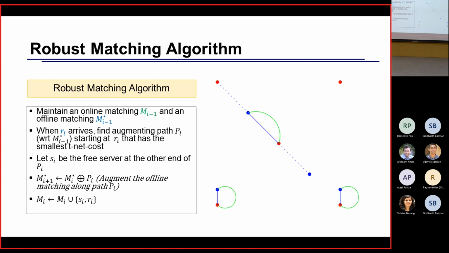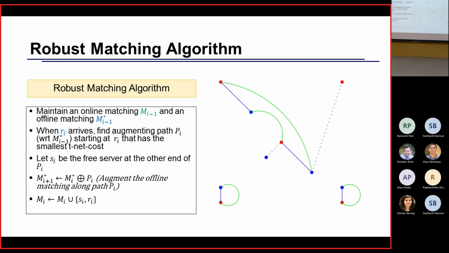Then we take the two endpoints of this augmenting path and, in the online matching, directly match them. That's the decision I make for my online matching. And the offline matching I update by simply augmenting the matching along this path.